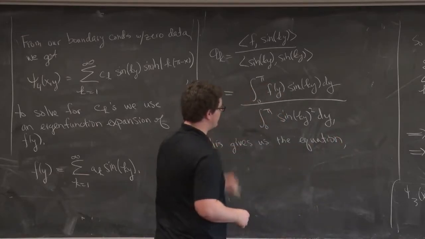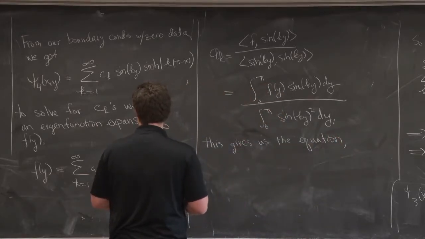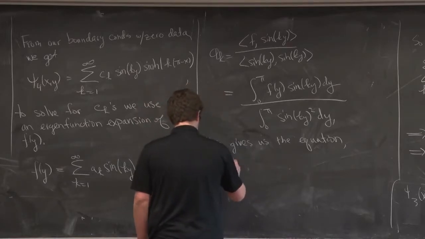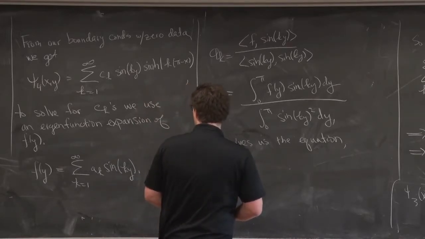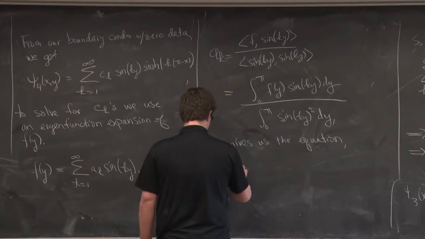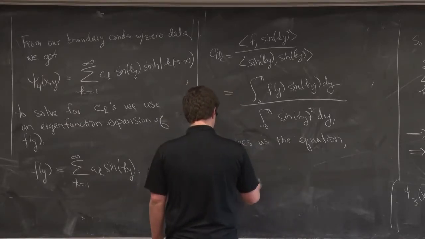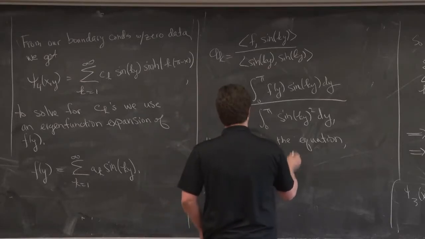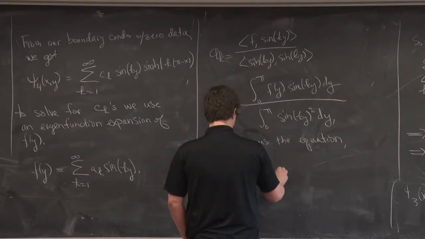Okay, and so we can't really do that in general, but we can still write down the equation. That psi 4 at x equals 0, y, is equal to this series here, which is equal to f of y.